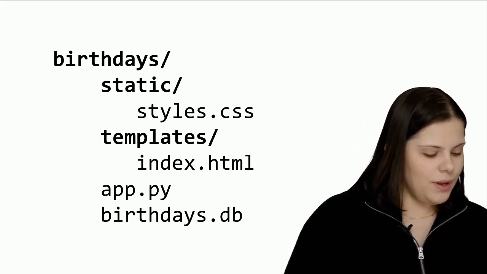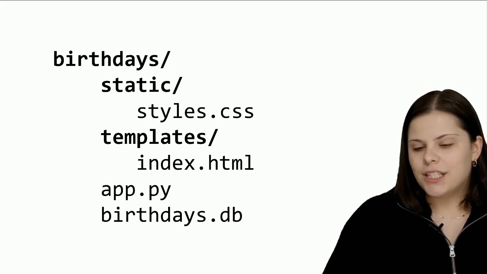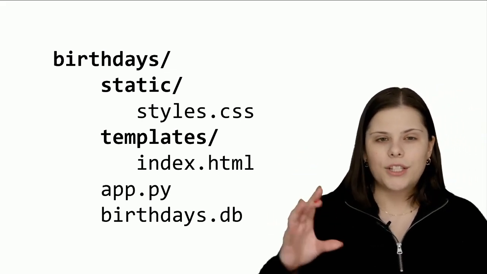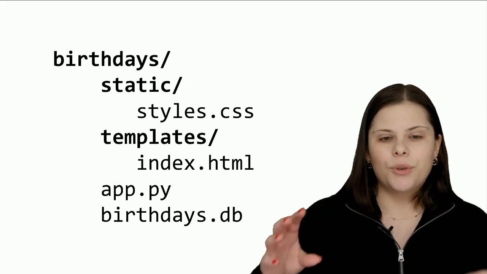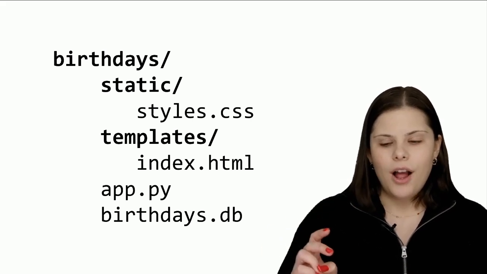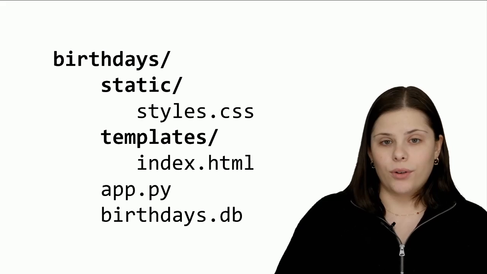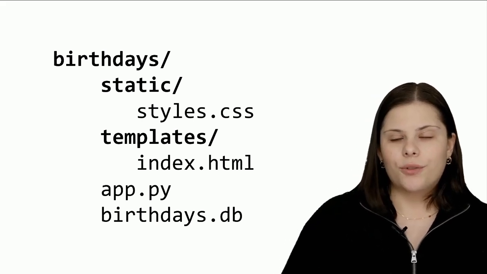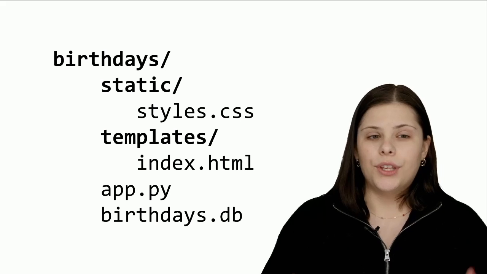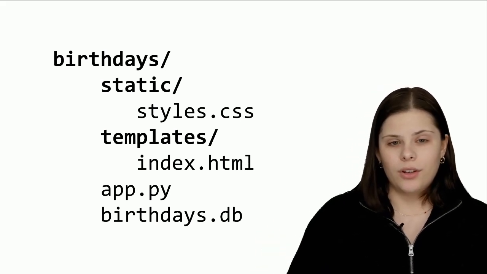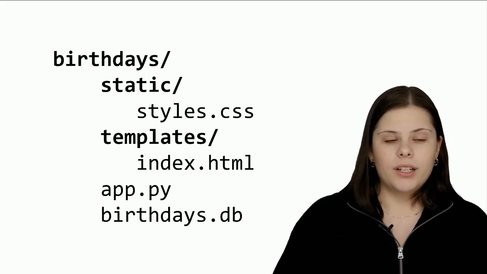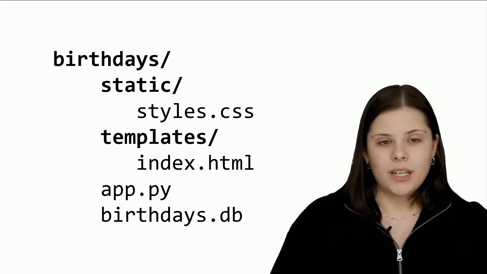But before we keep moving, let's talk a little bit about what parts of this folder exactly attribute to what part of the MVC model. For example, which parts of this birthday folder attribute to the view component of the framework?